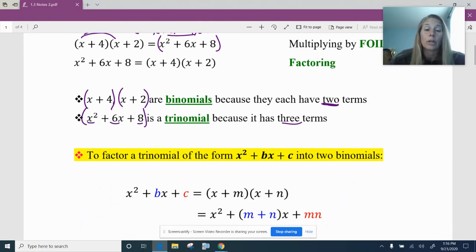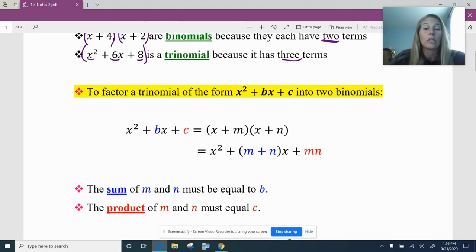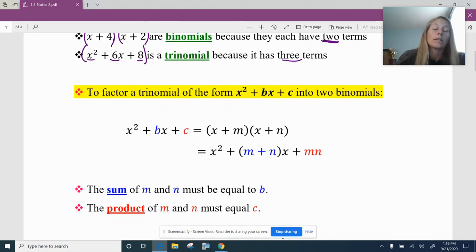So to factor a trinomial in the form x squared plus bx plus c, which is our standard quadratic form, we essentially have to look at the constant at the end and figure out what two numbers multiply together to get that, and what two numbers add together to get that b value, or that center term.